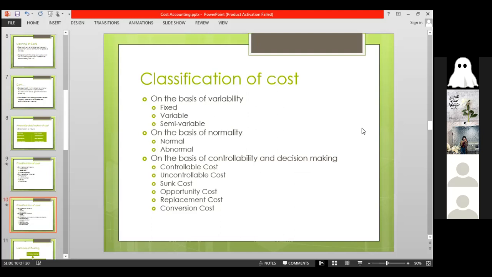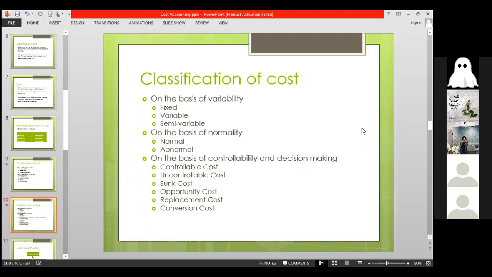Whereas if a cost was not expected, that is, if you did not expect that a particular cost will occur, then that becomes an abnormal cost. So normal costs are places where you're spending money normally. You know that every month you're going to have a raw material expense, labor expenses, salaries, transportation, telephone expense, office supplies. All these things are normal and expected by the business every month. So they become normal expenses.